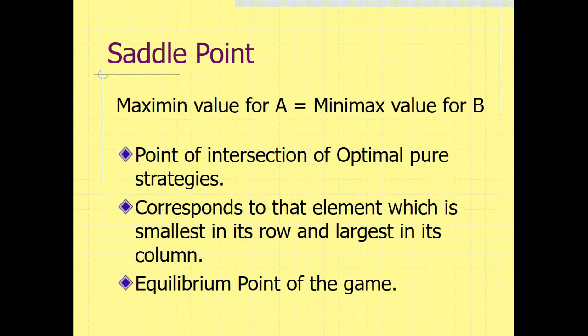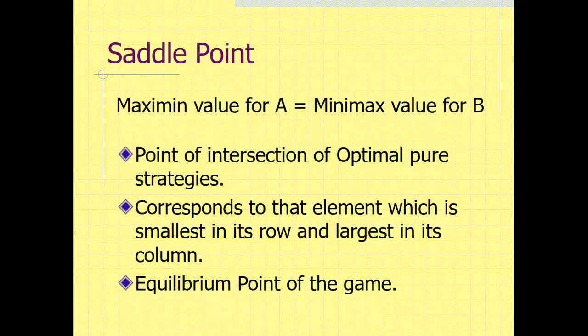Let us discuss now saddle point, a game in which the maximin value of the maximizing player is equal to the minimax value of the minimizing player is called a game with a saddle point. Accordingly, a game with saddle point is that in which both the players use pure strategies, that is, both players use the same course of action throughout the game.